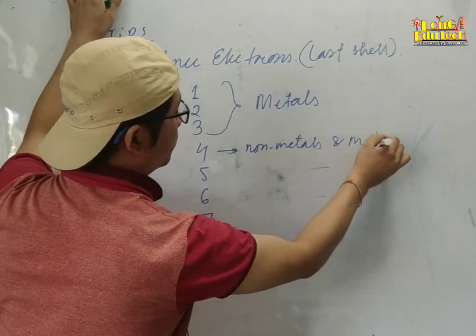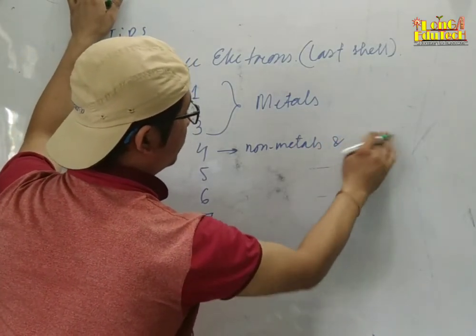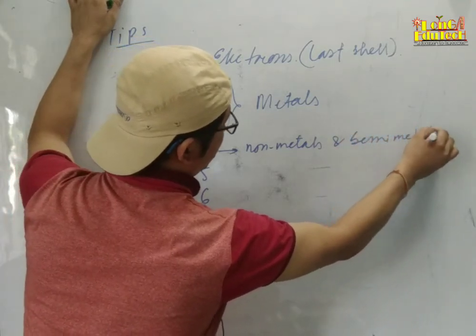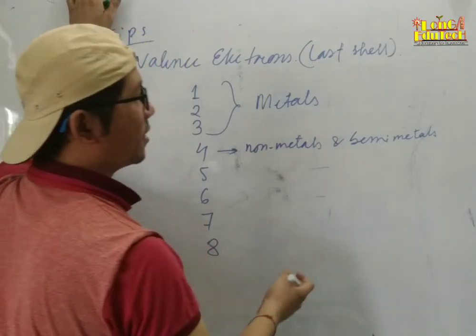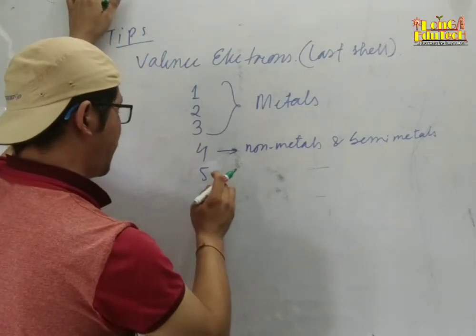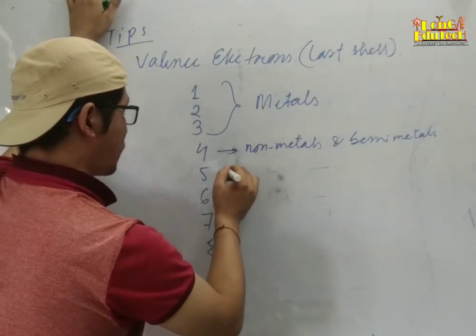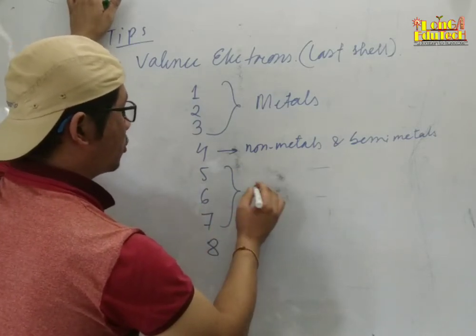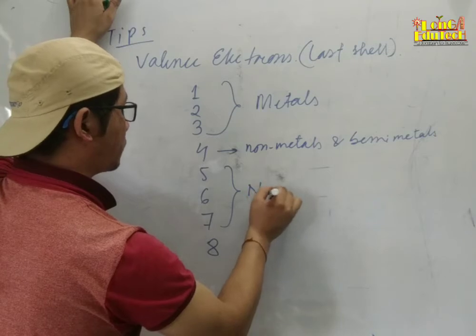Semi-metals, or you say the metalloids. And those which have 5, 6, and 7, they are what?